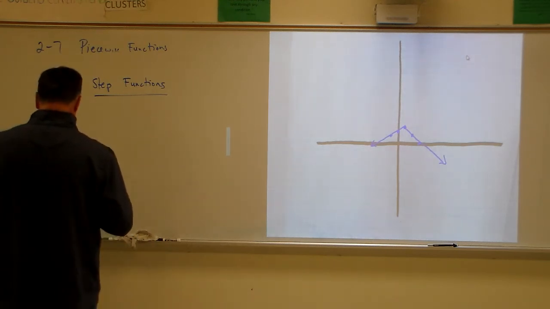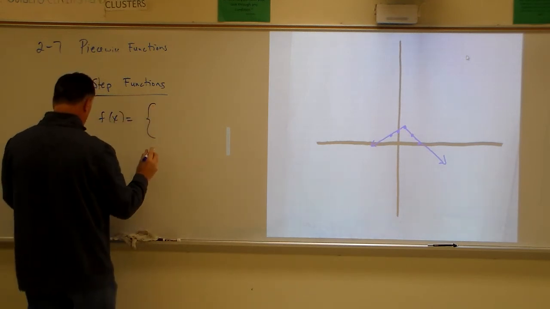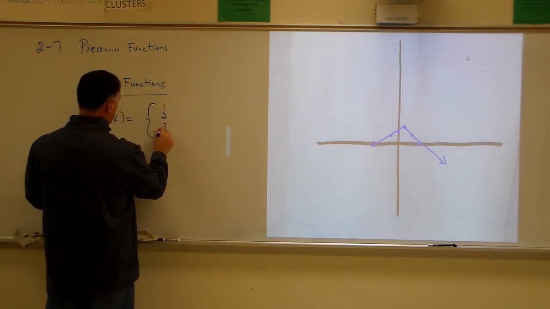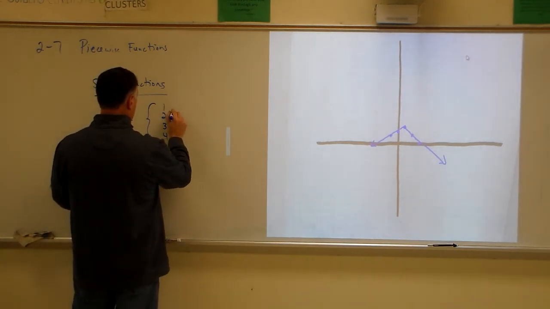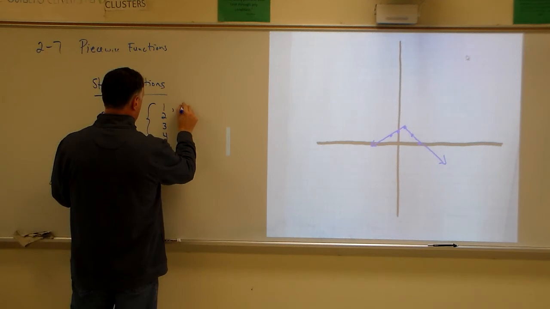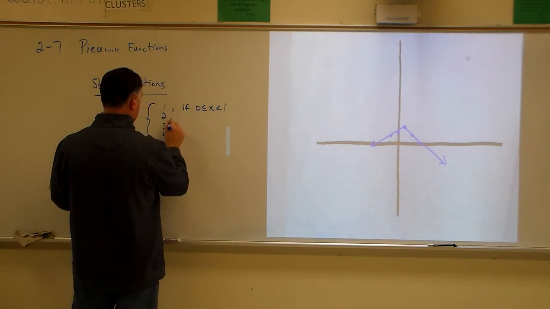So here is what's called a step function. f of x equals 1, 2, 3, 4. This is when x is greater than or equal to 0 but less than 1.